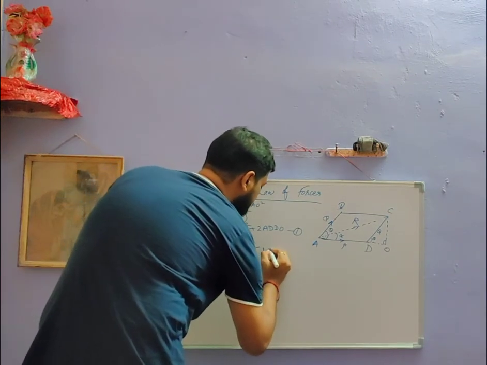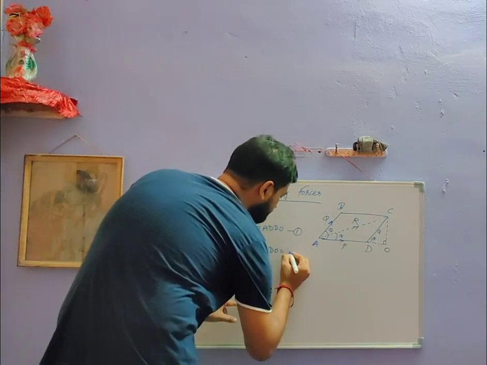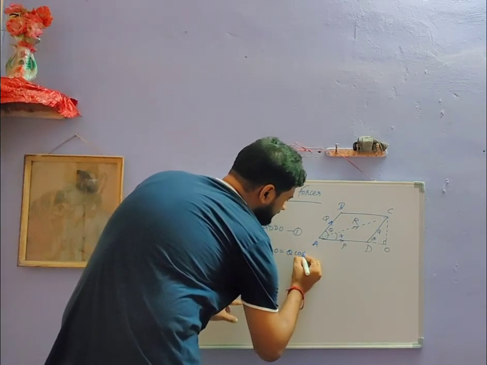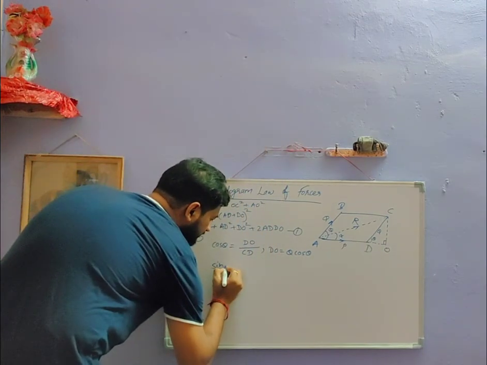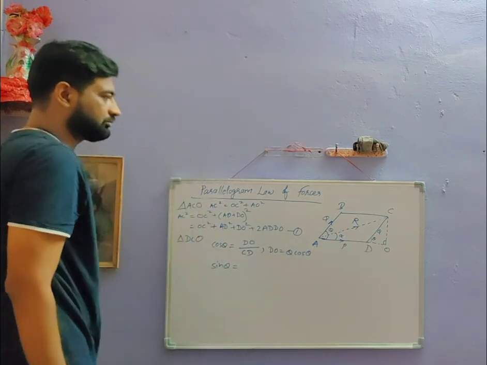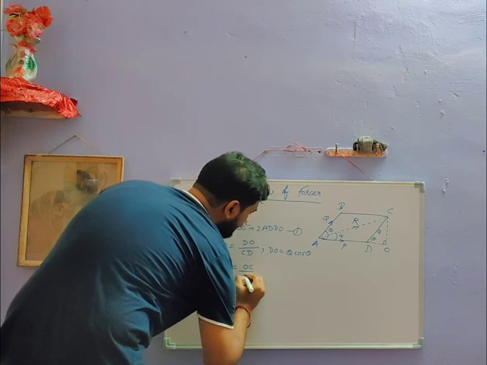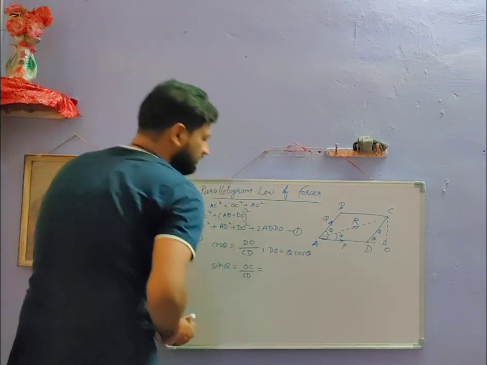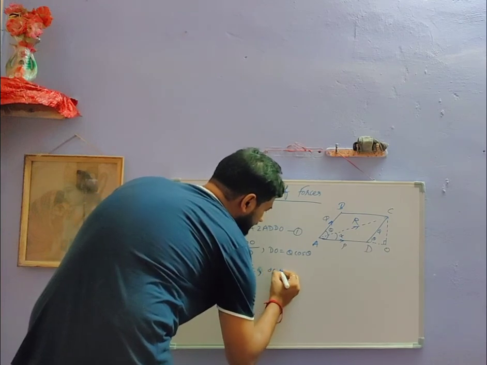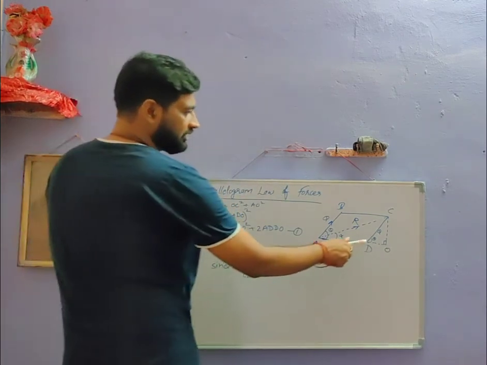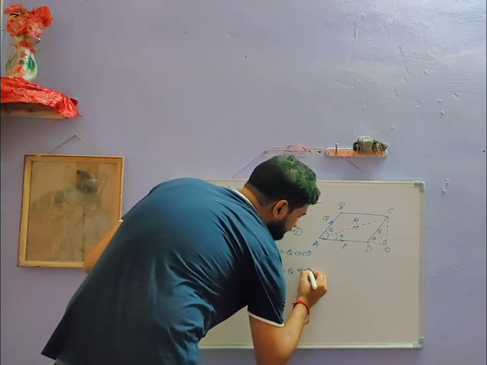So you can write DO is equal to Q cos theta. Sin theta is equal to OC by CD. So you can write OC is equal to Q sin theta.